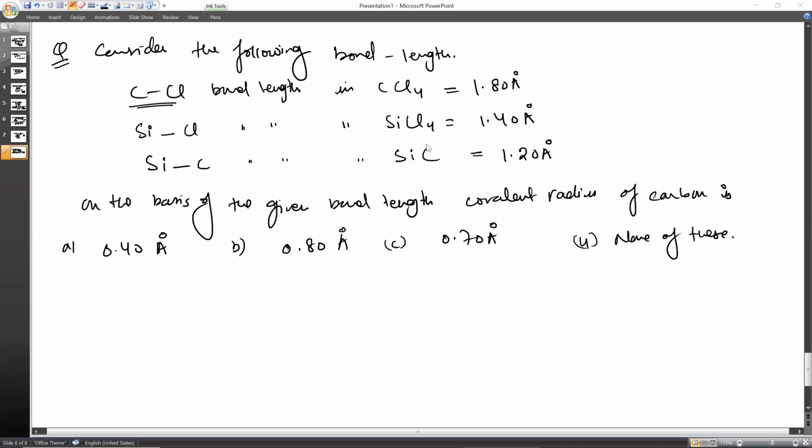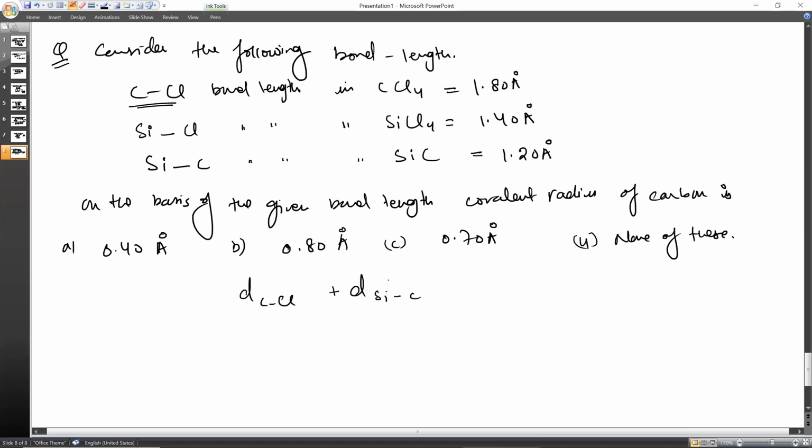Just try it. I'm going to give you a hint: if you know the bond length of C-Cl, plus if you add these two, Cl, another Cl, this is also Cl, the bond length of silicon and Cl.